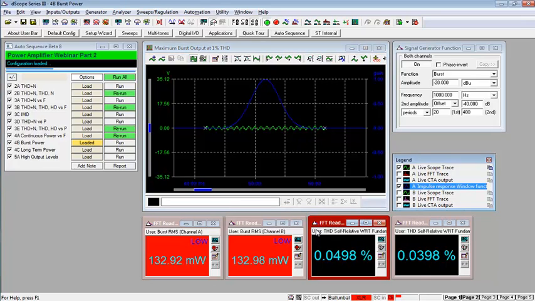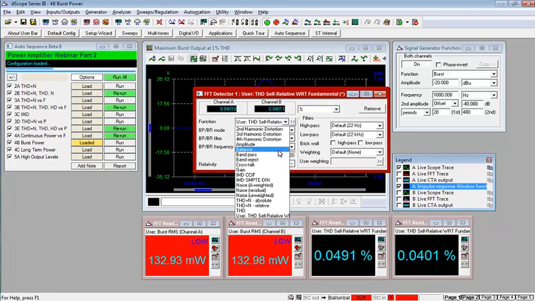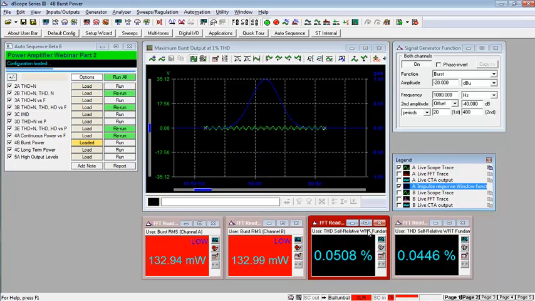Alright, so the next part of the analysis here, we're measuring total harmonic distortion, and this is a user-defined algorithm here. We've got a bunch of standard analysis algorithms that you can choose from. You can expand this list, or you can even create your own analysis functions here. So we're calculating the total harmonic distortion over just the period of this short burst here.